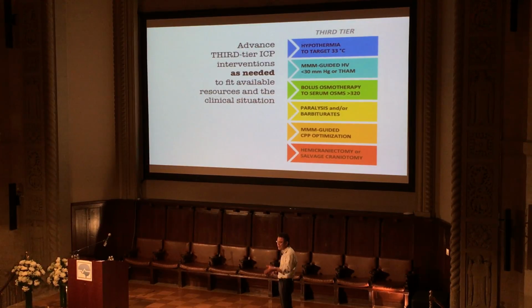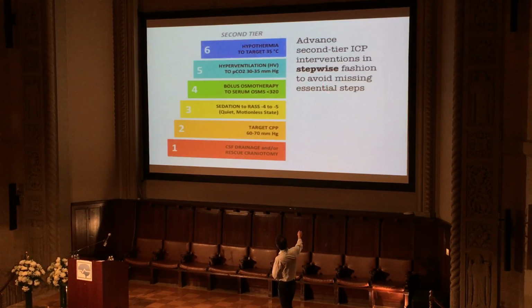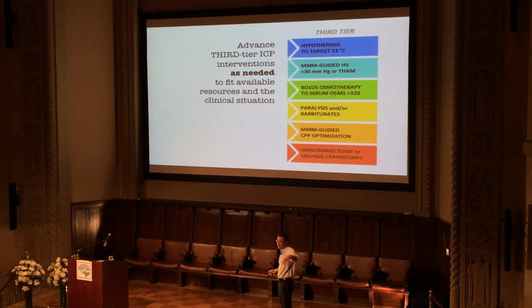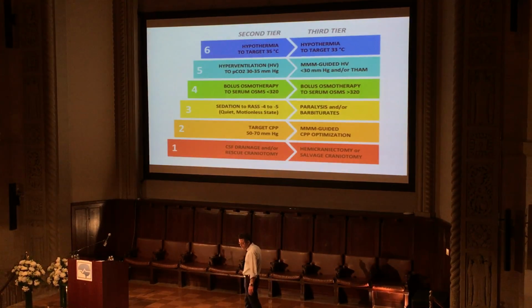So let's say you're stepping up, you're already failing, and you're giving repeated doses of hypertonic. Well, you can use multimodality monitoring to really fine-tune and optimize the CPP. You could paralyze at that point, push osms up above 320 to 340 or 360, it still works, etc. You could try CAM or something like that, right?